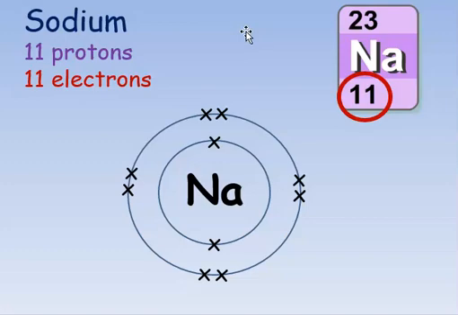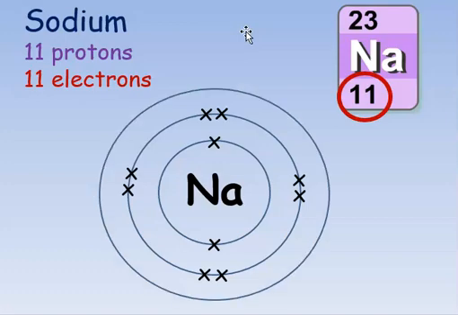So now in this electron configuration, I have 10 electrons. How many electrons are left then? There's still 1 electron left that we haven't drawn, so we need to draw the third shell. How many electrons could I put in the third shell? I could put 8 in total, but we only have 1 electron left, so we're just going to put this 1 electron that is still missing for sodium.